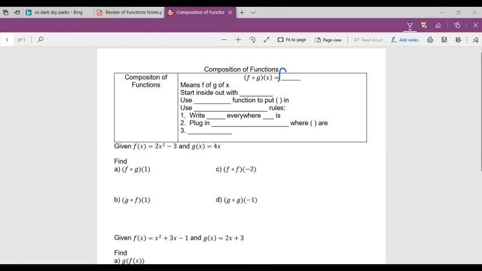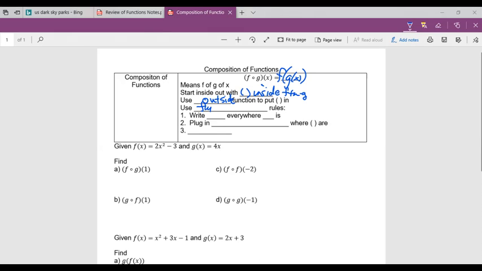And so we can write this as f of g of x. We start inside out with the parentheses inside, or the inside function, in this case g. And we use the outside function to put the parentheses in.